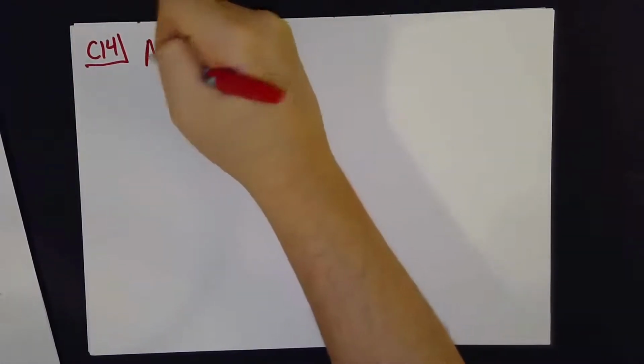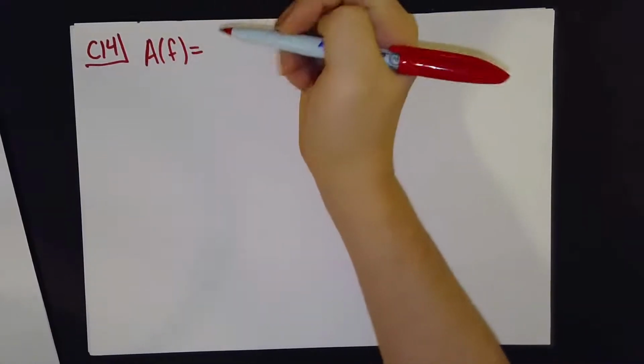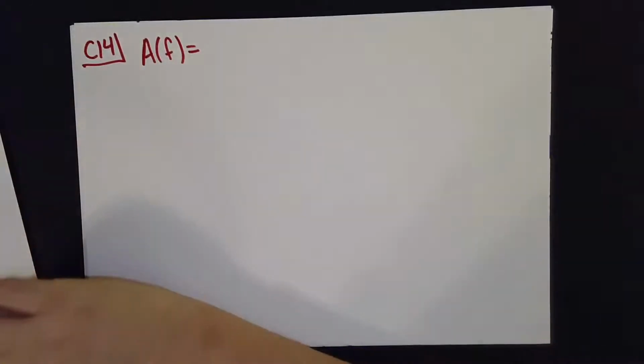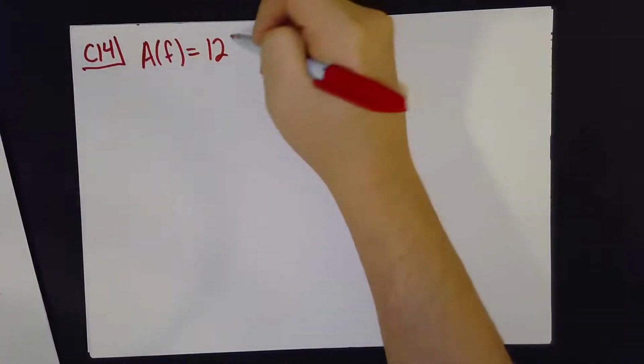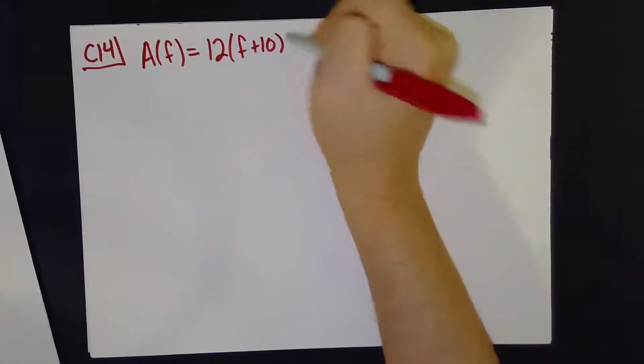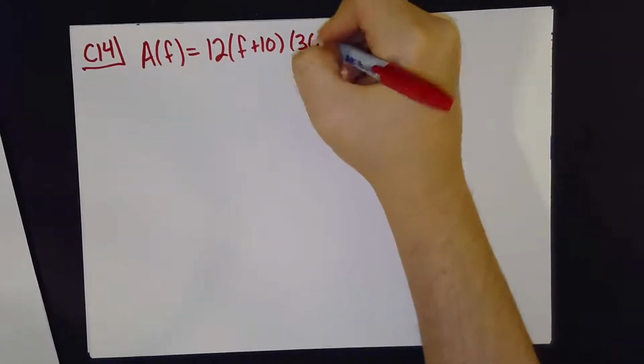Okay. Next up, someone asks about 14 from C. Okay, so here is C14. This is a question about apples, wherein we want to know basically how much fertilizer to use.